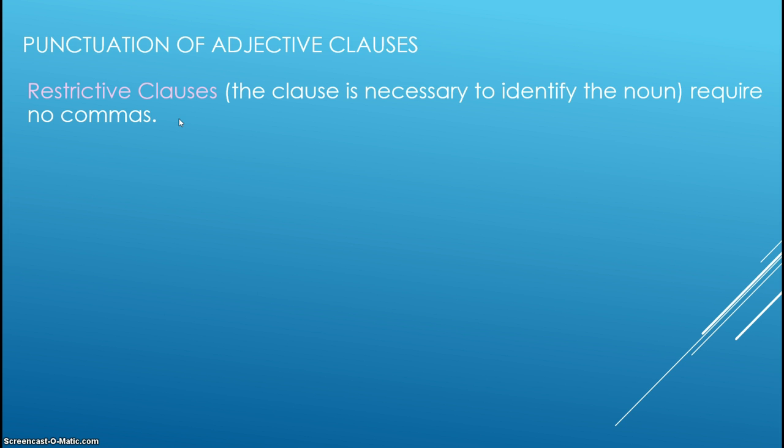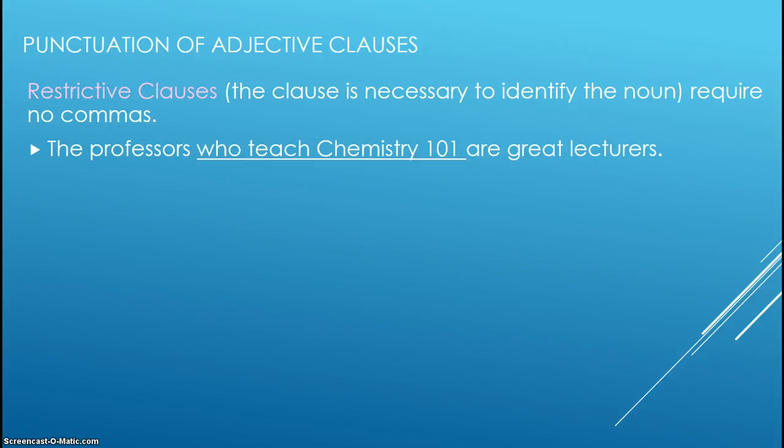And then some examples. The professors who teach Chemistry 101 are great lecturers. So again, this is a restrictive clause. You notice there are no commas around that clause. This adjective clause is giving crucial information about the noun, so you know who I'm talking about. The professors are great lecturers. Well, what professors are we talking about?